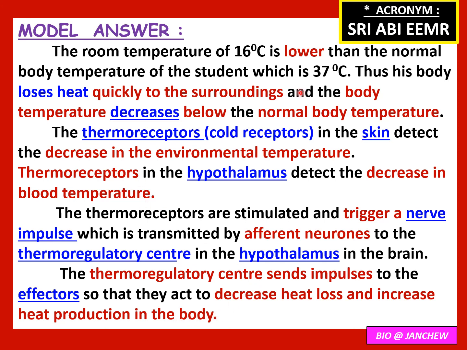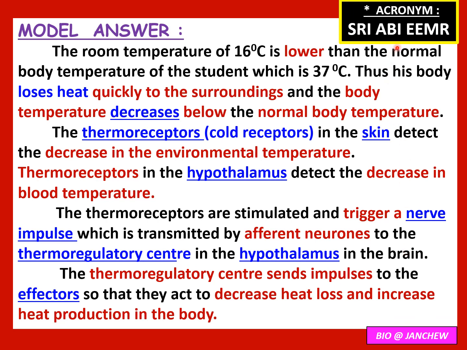You can take note here that the acronym SRIABIEE applies to this process of thermoregulation, the mechanism. S for stimulus: the stimulus is the decrease in body temperature. R are the receptors, the thermoreceptors. I stands for impulse: the thermoreceptors will trigger a nerve impulse transmitted by afferent neurons, A for afferent neurons, to the hypothalamus in the brain, B for brain.